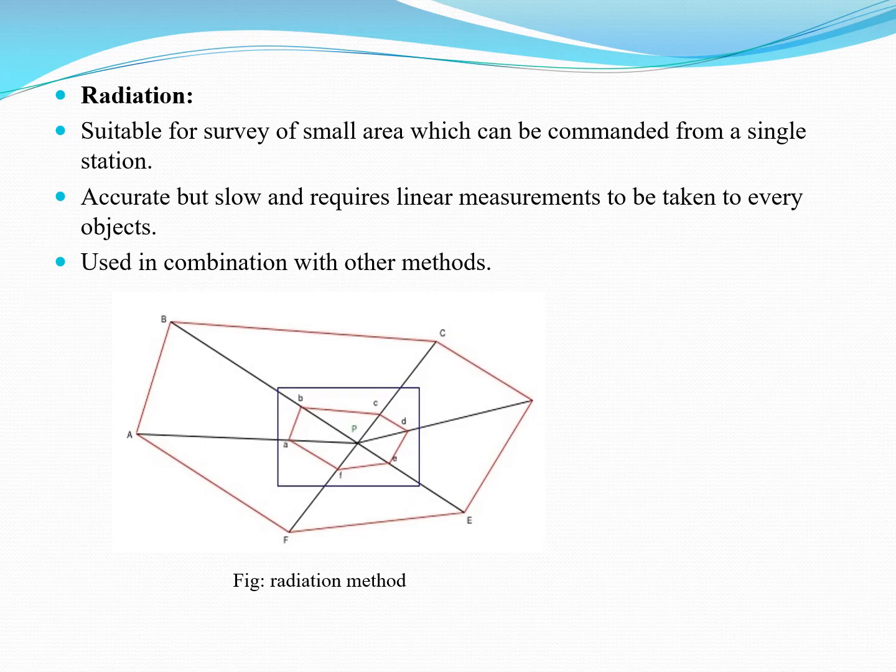Initially the plane table is set up over station P. All the arrangements are done as per the setting of plane table. After that the drawing sheet is placed over that leveled plane table and a suitable point is selected on the sheet, which represents the position of station P.